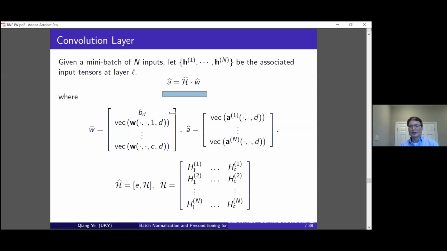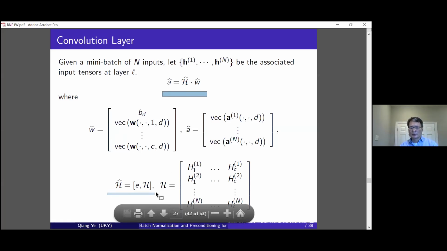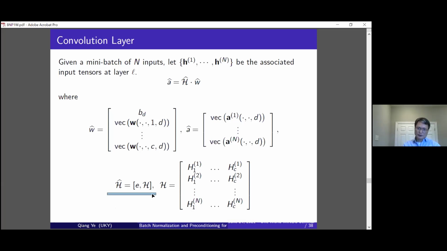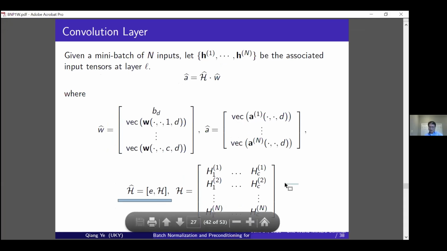So when I do that, I put all C input channels of weight together, stack them into a long column vector, and the output for n mini batch. So there are n outputs, and for each of them, you stack the output into a column vector. So there will also be long vectors there, but they have this simple linear relation, H hat times W hat. But now H hat is this matrix, very similar to what we had before, 1, 1, 1 on the first column and H. But now H is this block matrix.